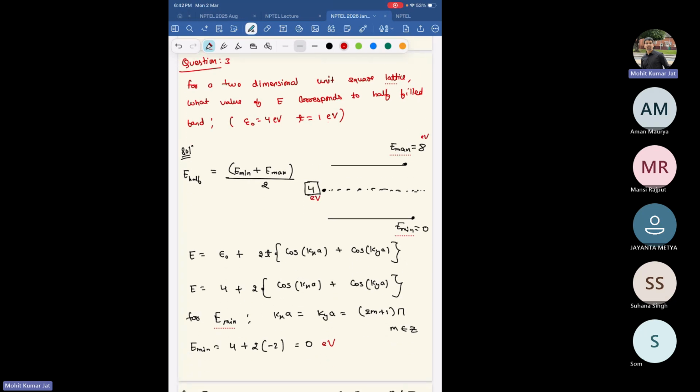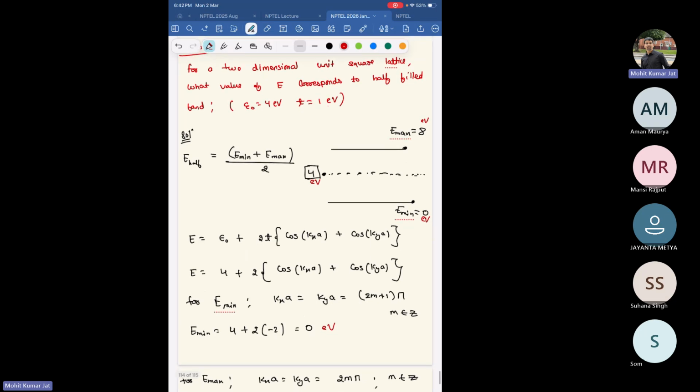So we should always keep in mind the dimensions, because without dimensions the quantity can mislead to the wrong answer.